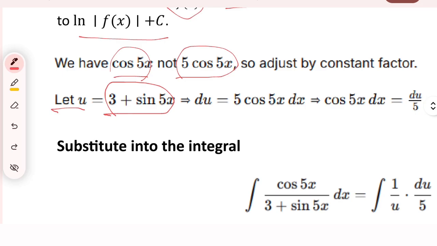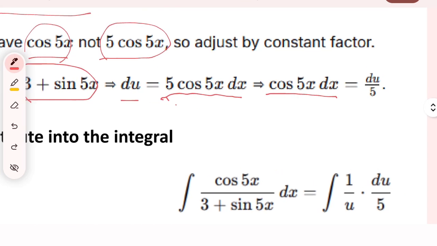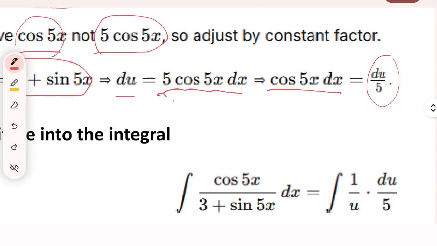The derivative of u is du, which is 5 cosine 5x dx. So cosine 5x dx is simply equal to du over 5, because what we need is only cosine 5x. We don't need the 5, so we put it on the other side.